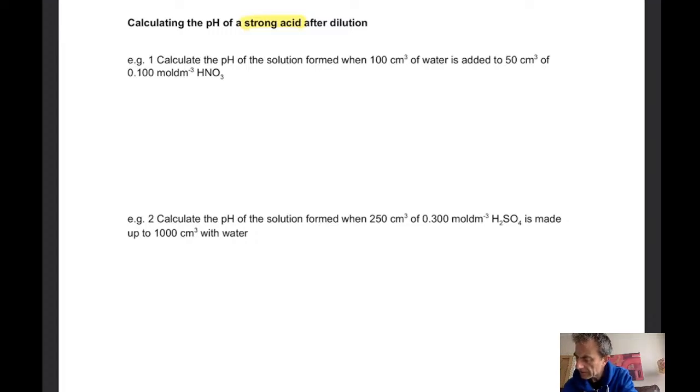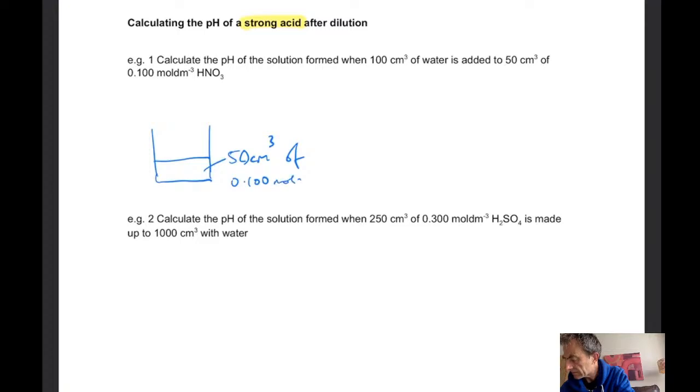So let's just imagine you've got, so that's 50 cm cubed of 0.1 moles per decimeter cubed nitric acid.